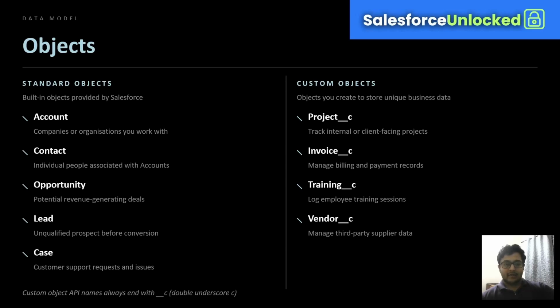The standard Lead object is an unqualified prospect, someone who has shown interest but hasn't been converted into a contact or account yet. And Case is used by support teams to log and manage customer issues. These are all built-in standard objects used in different business functions in Salesforce applications.